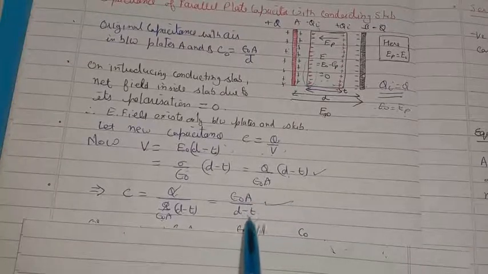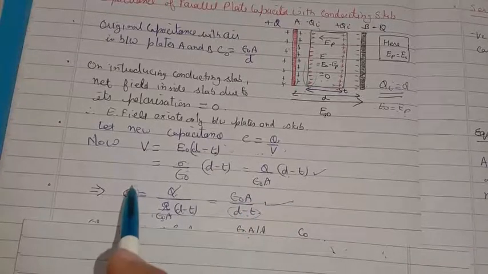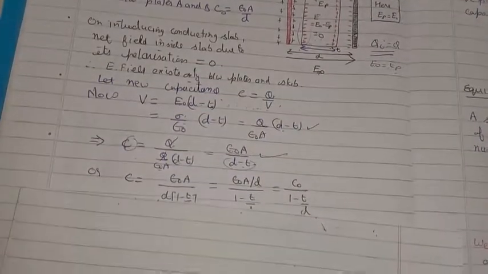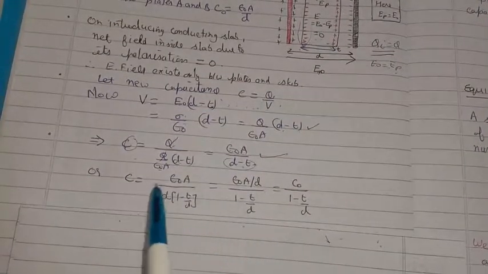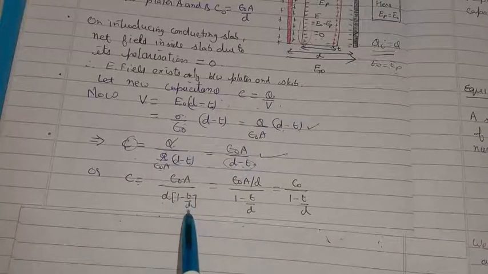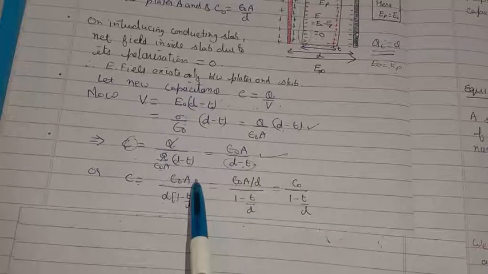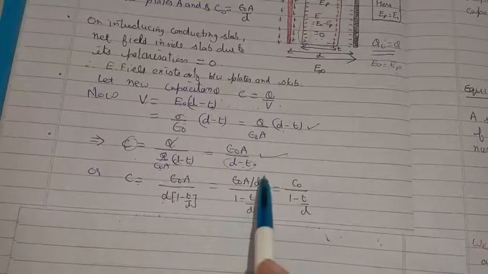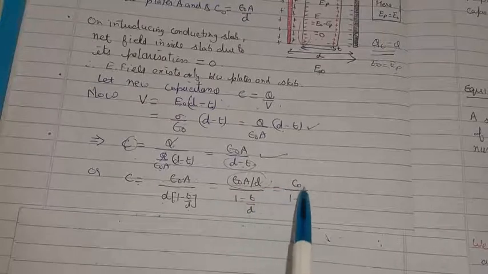So this factor reduces, capacitance increases, which we can also write as C equal to epsilon naught A, take d common, it will be 1 minus t by d, take d to the numerator, epsilon naught A over d divided by 1 minus t by d, epsilon naught A by d being the original capacitance C naught.